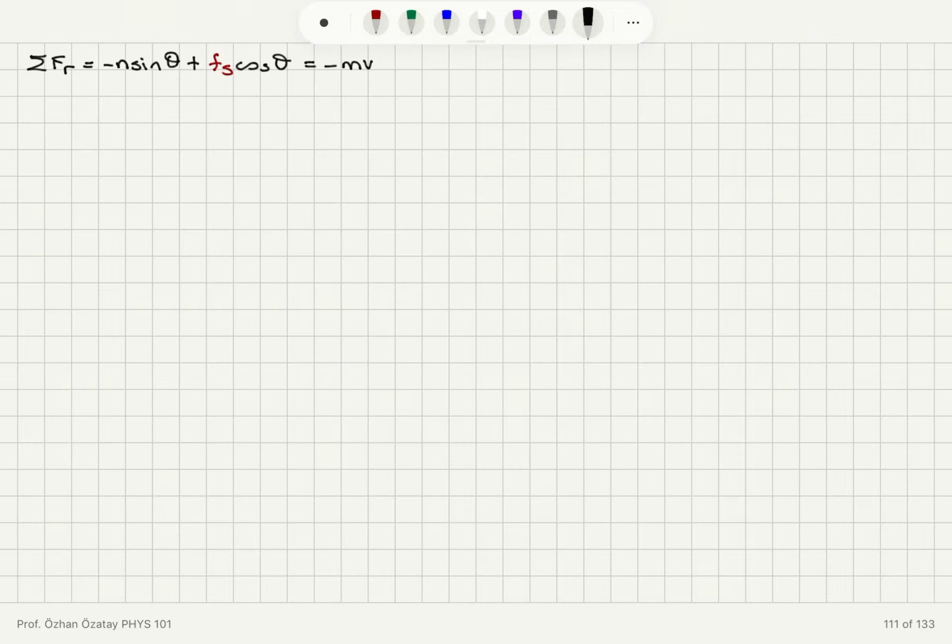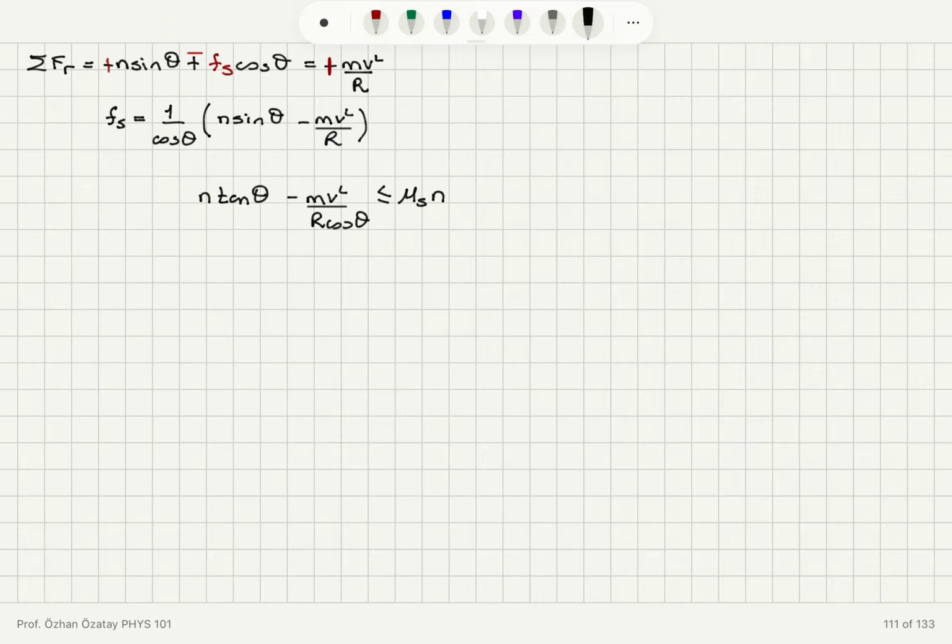And I note that if I isolate Fs here, the static friction Fs should be equal to 1 over cosine theta times n sine theta minus mv square divided by capital R. So this is our static friction, and this can be rewritten as n times tangent theta minus mv square divided by capital R cosine theta, and that is less or equal to mu s times the normal force.